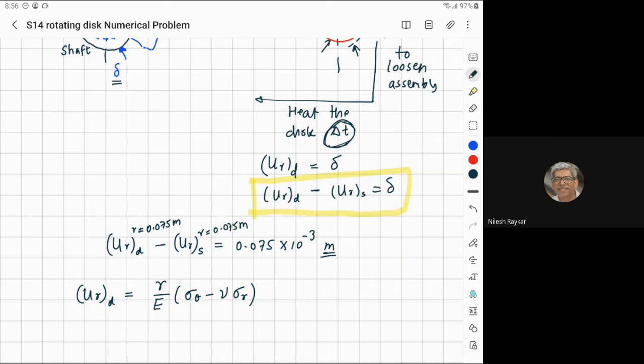But at the moment where separation is happening, the shaft and the disc will lose contact with respect to each other, and at that moment you will have the radial stress equal to 0. So the sigma r in this particular calculation will be equal to 0 at the moment of separation. So we need not put the expression for sigma r for doing the calculation. This is another important point that you should take care of.